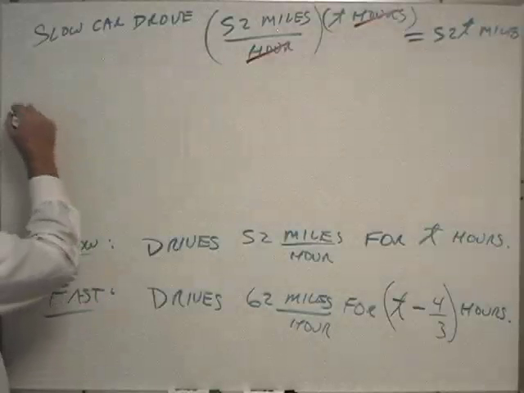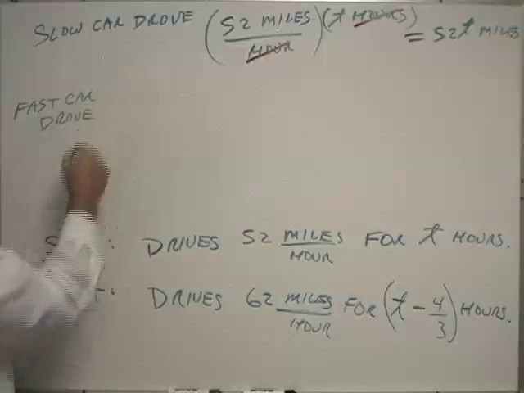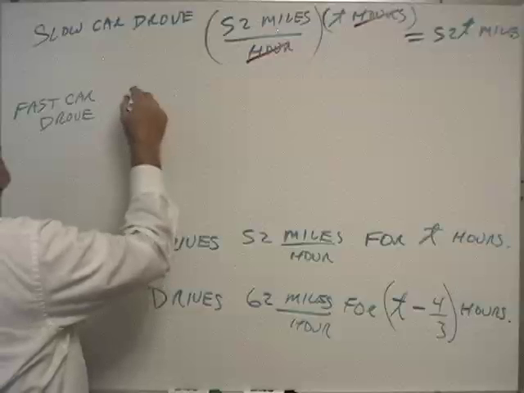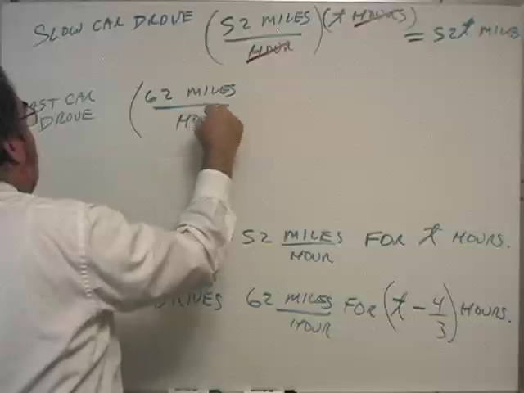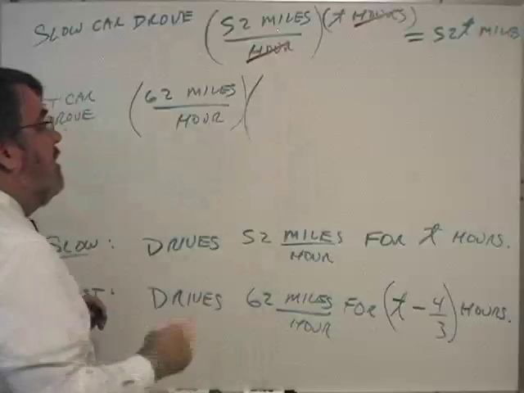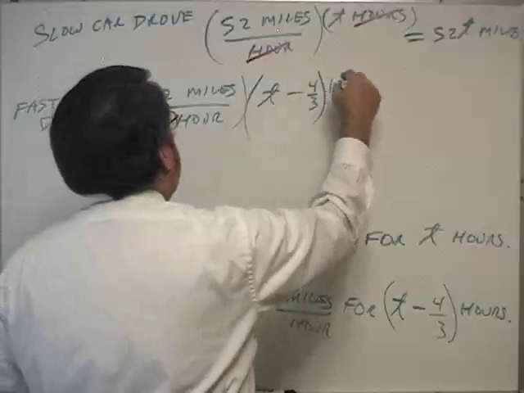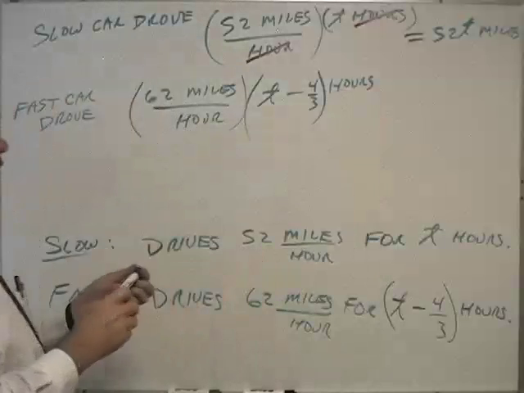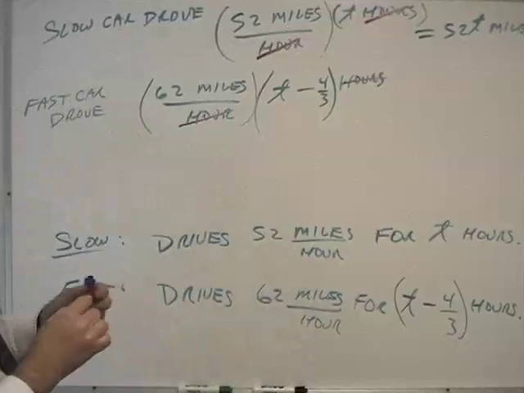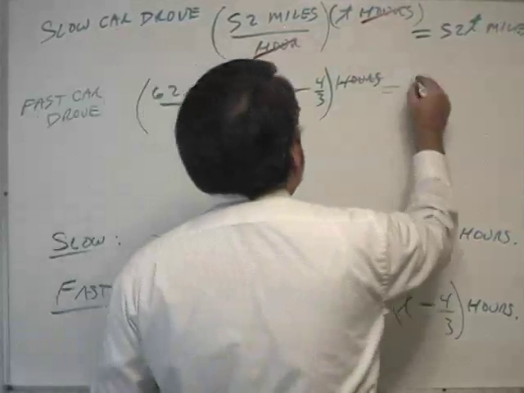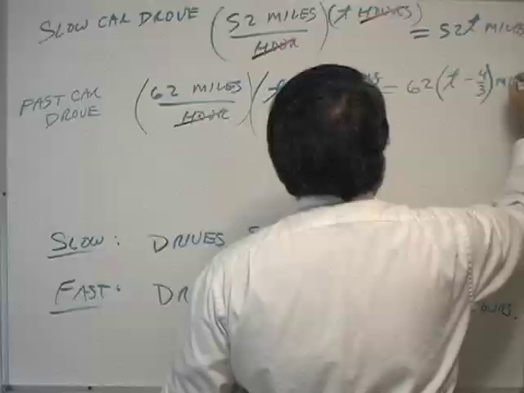How about the fast car? The fast car drove, I have a feeling I need a little more room here for the fast car. He's going 62 miles per hour times t minus 4/3 hours. And here, hours again cancel, leaving the miles units. So I end up with 62 parentheses t minus 4/3 miles.